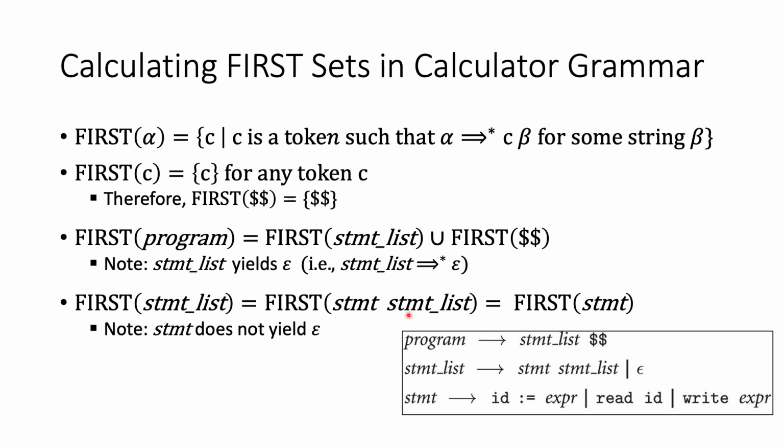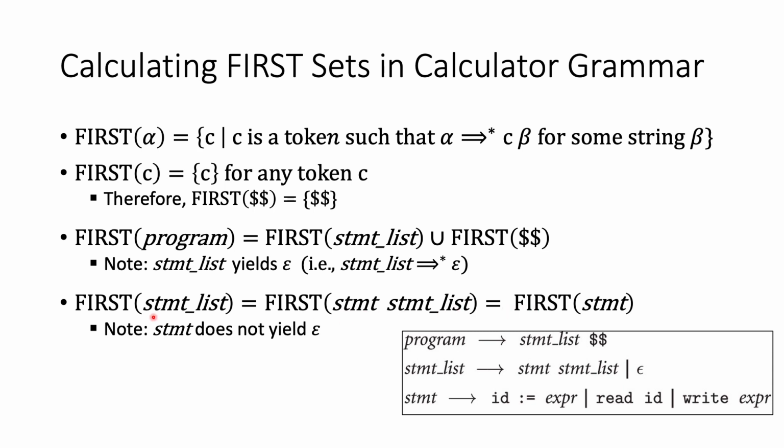The first of this sequence starting with empty must contain the first of empty, and because empty does not yield epsilon, the first of the sequence starting with empty does not contain anything else.